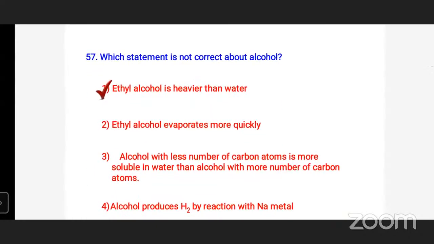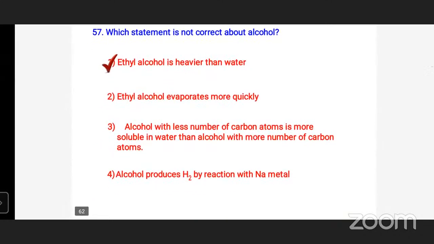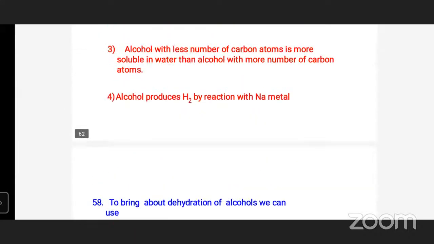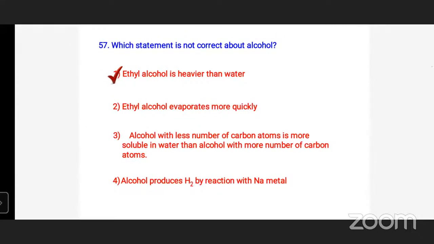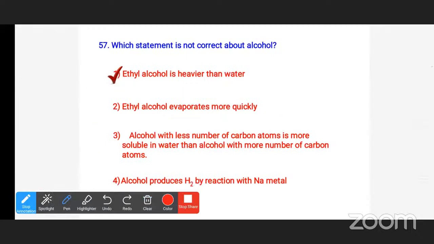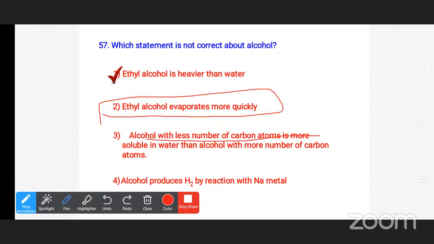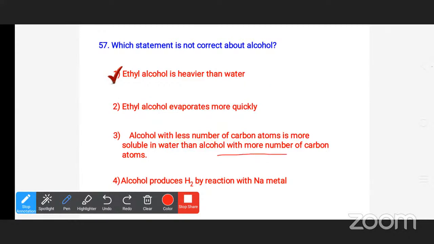Which statement is not correct about alcohol? Ethyl alcohol is heavier than water. Ethyl alcohol evaporates more quickly. Alcohol with fewer carbon atoms is more soluble in water than alcohol with more carbon atoms.